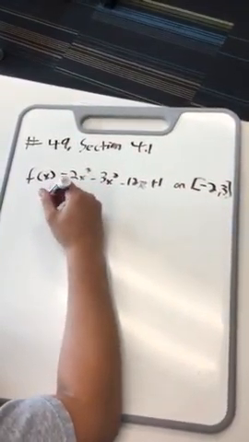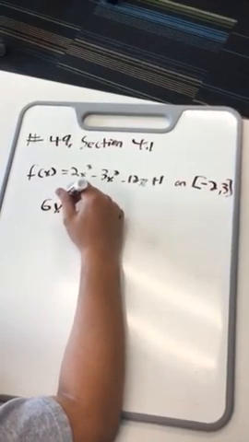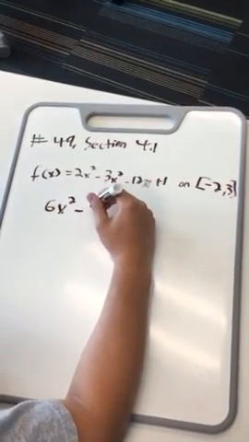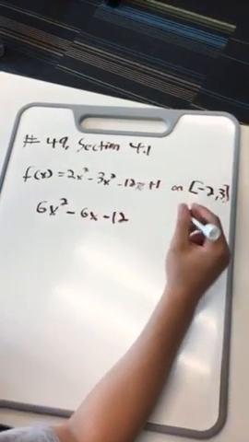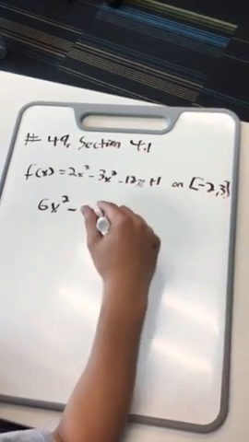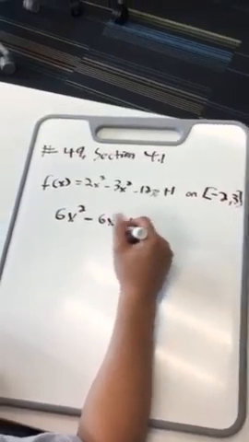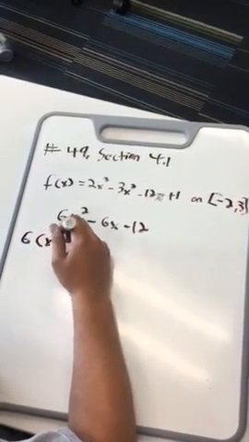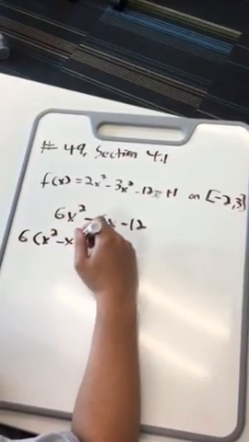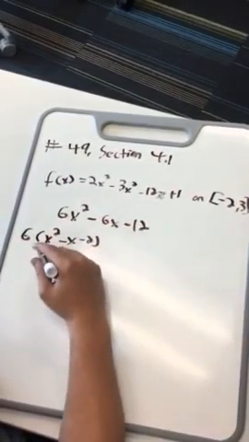So that would be 6x squared minus 6x minus 12. And so we see that we want to factor out a 6, so we want to factor it. And we can factor this even further.